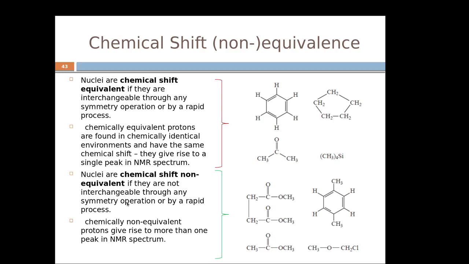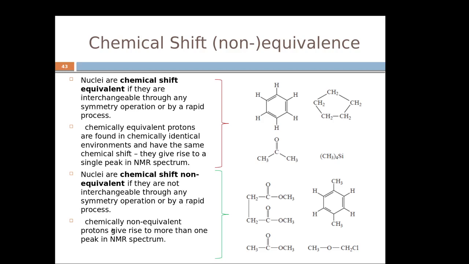Okay, so chemically non-equivalent nuclei cannot be interchanged by any kind of symmetry operation or by a rapid process that happens on the molecule, such as carbon-carbon single bond rotation or ketone tautomerism.